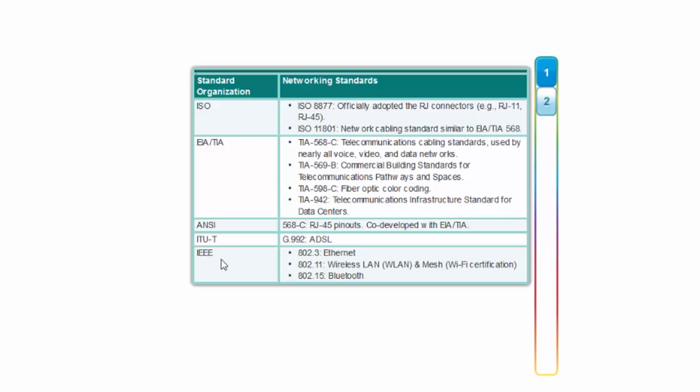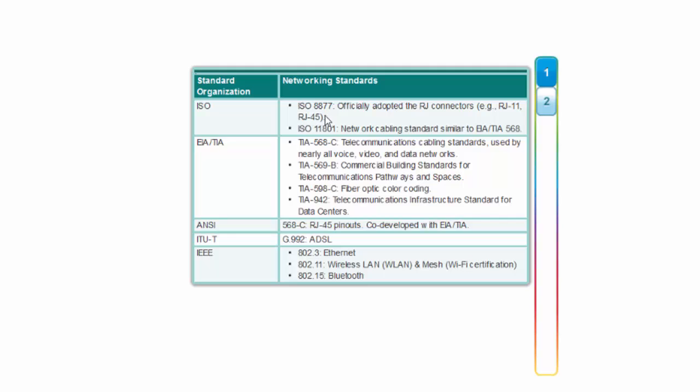We see that the most common and the most important one is IEEE, which standardizes the access technologies, including 802.3, 802.11 for wireless, and 802.15 for Bluetooth. And these are the access technologies.